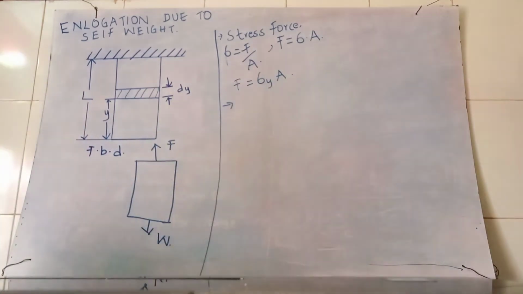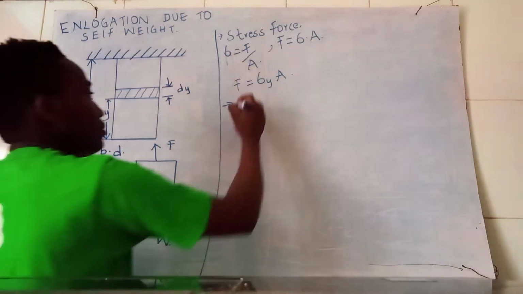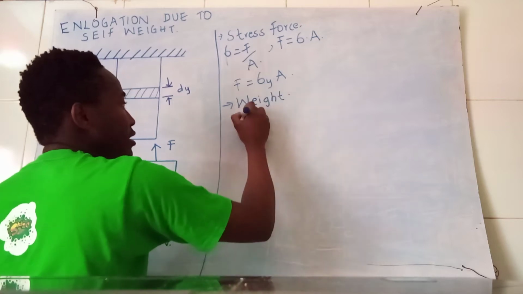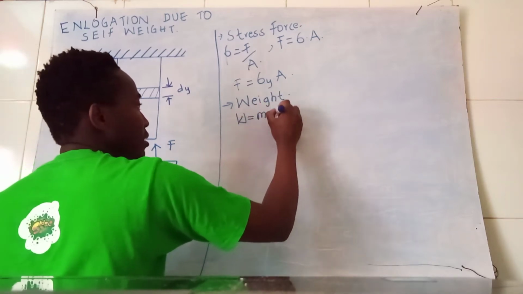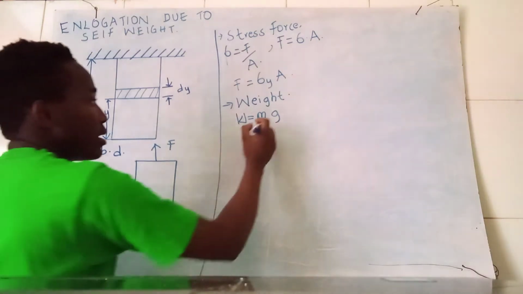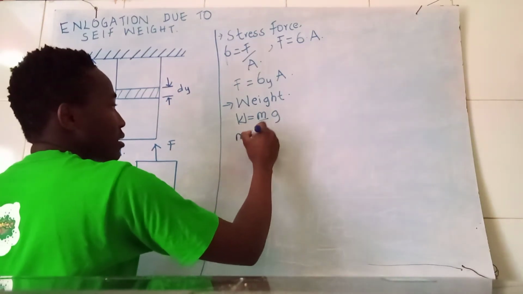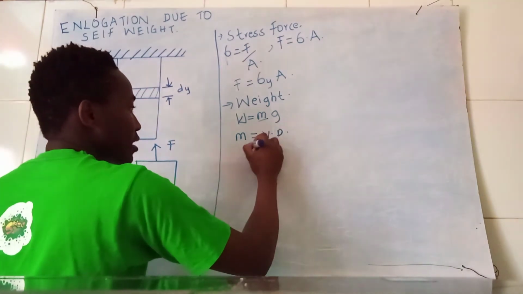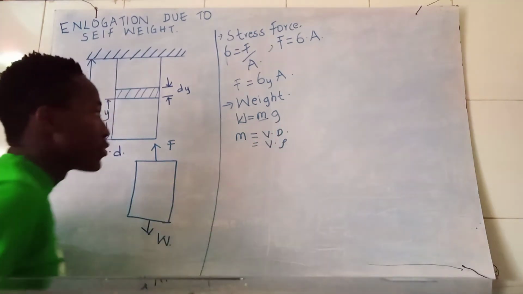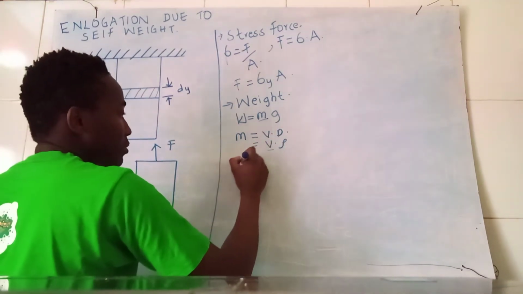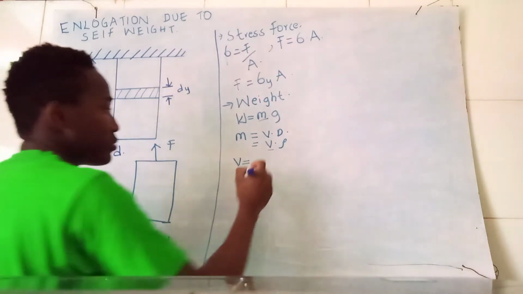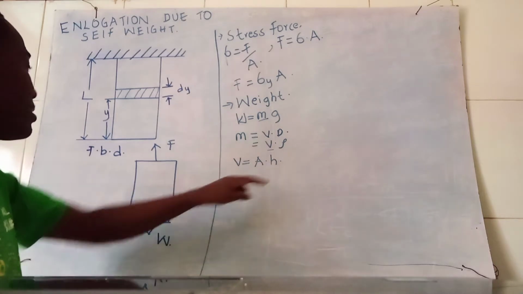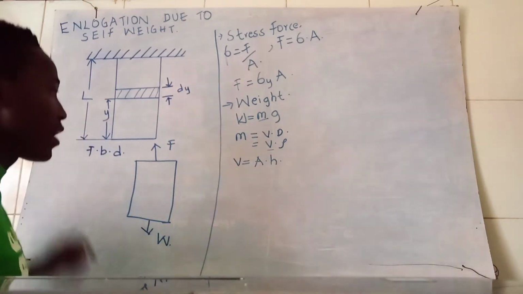Secondly, I shall look at the weight force at the bottom. Weight is given by mass times gravitational acceleration, but mass is given by volume times density, that is volume multiplied by rho. Then, volume is given by area multiplied by height, but in this scenario my height is going to be y.